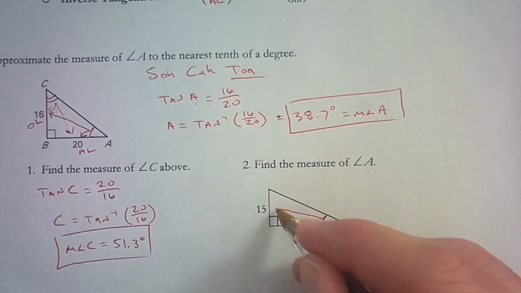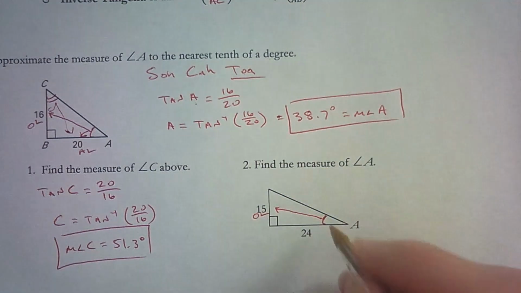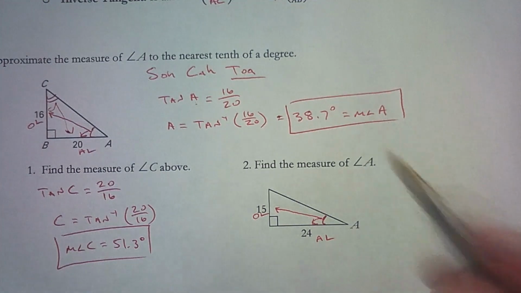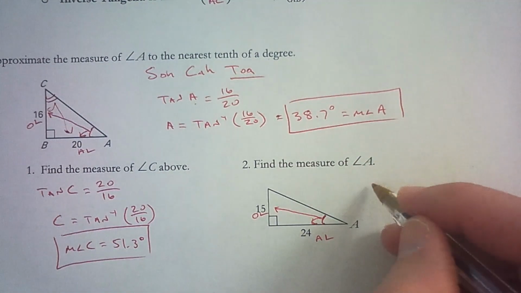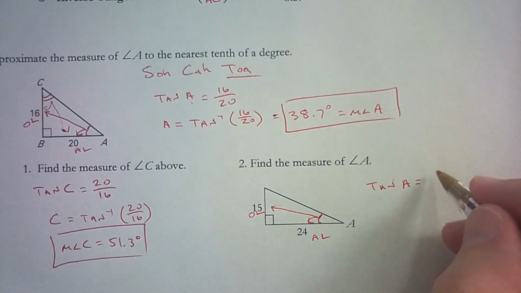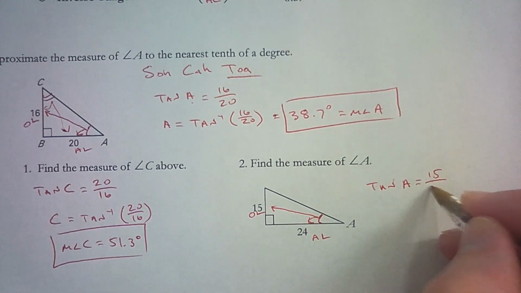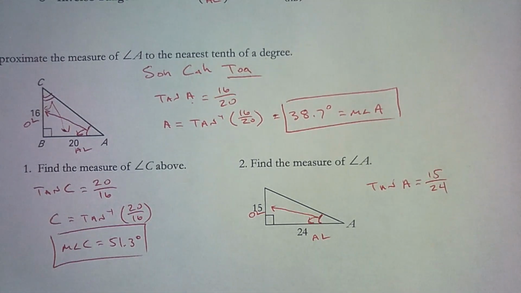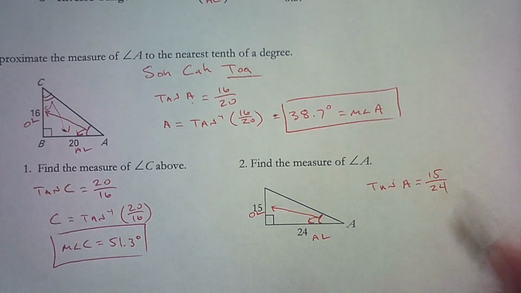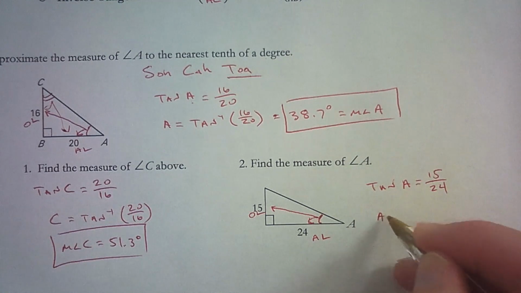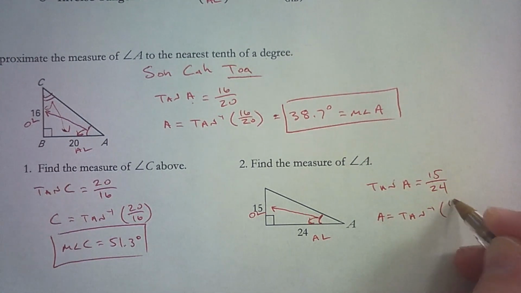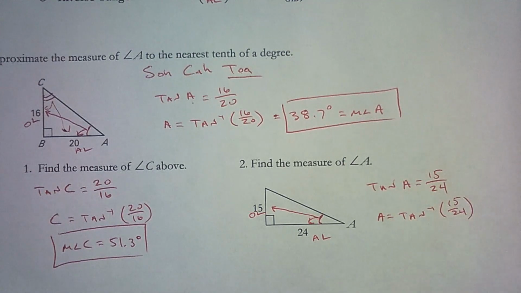Okay, so now find the measure of angle A here. So over here, I have the opposite leg, and right here, I have the adjacent leg. Okay, so that's going to be tangent again. So tangent A is equal to the opposite leg, 15, over the adjacent leg, 24. And again, the angle measure is the variable. So A is equal to the inverse tangent of 15 over 24.